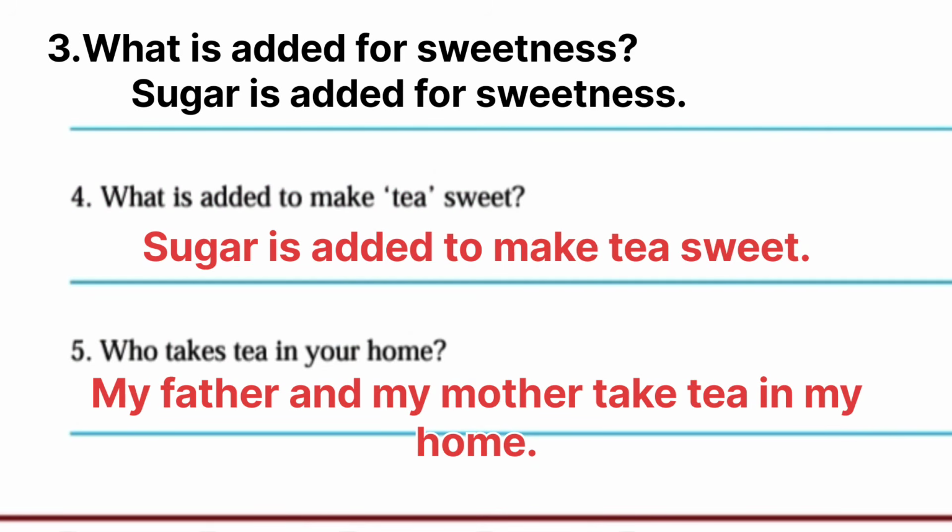And next, what is added for sweetness? Answer, sugar is added for sweetness. Fourth question, what is added to make tea sweet? These two questions are same. Answer, sugar is added to make tea sweet. Third question, who takes tea in your home? My father and my mother take tea in my home.